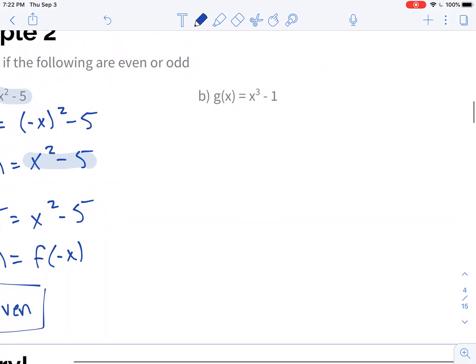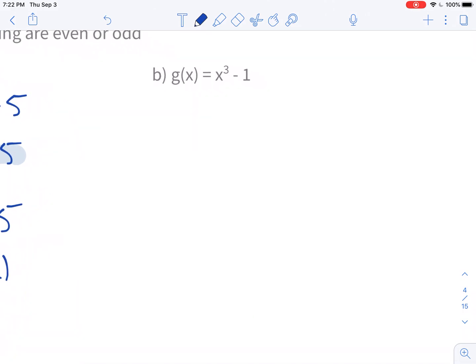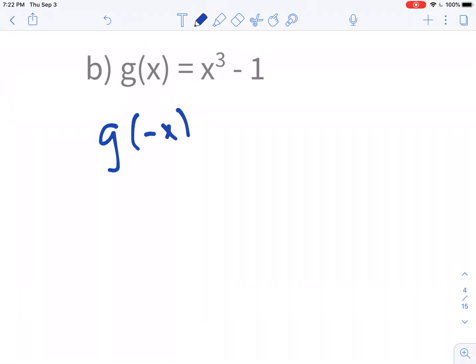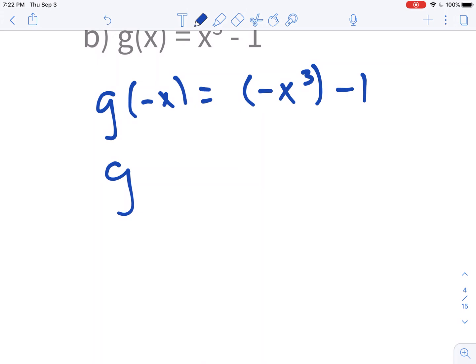If I go to example B, I'm looking at g of x is equal to x cubed minus 1. I'm going to go ahead and plug in g of negative x. I get g of negative x is equal to negative x cubed minus 1.